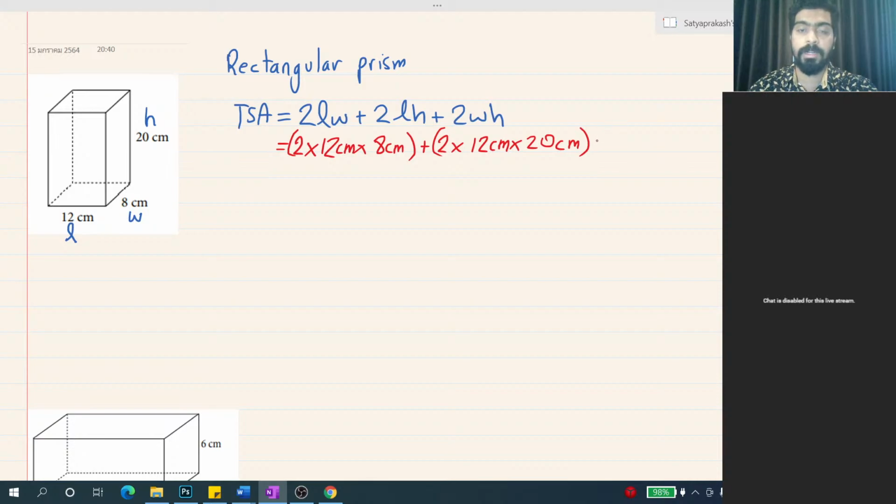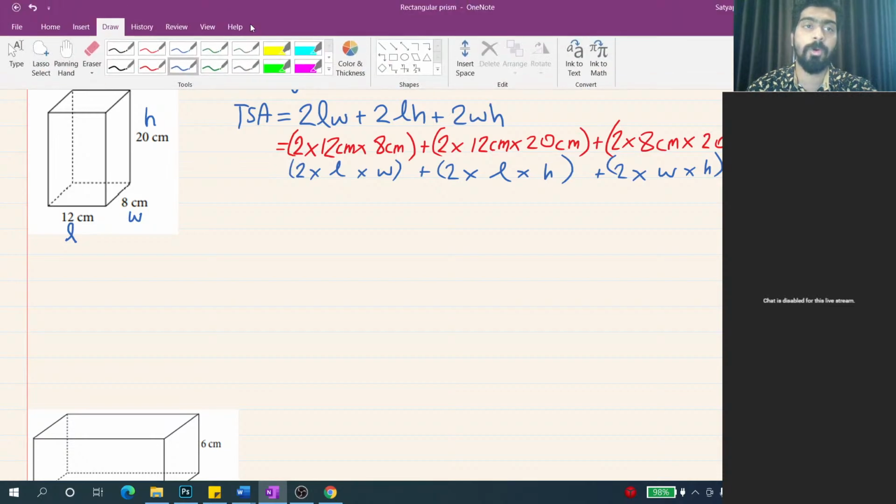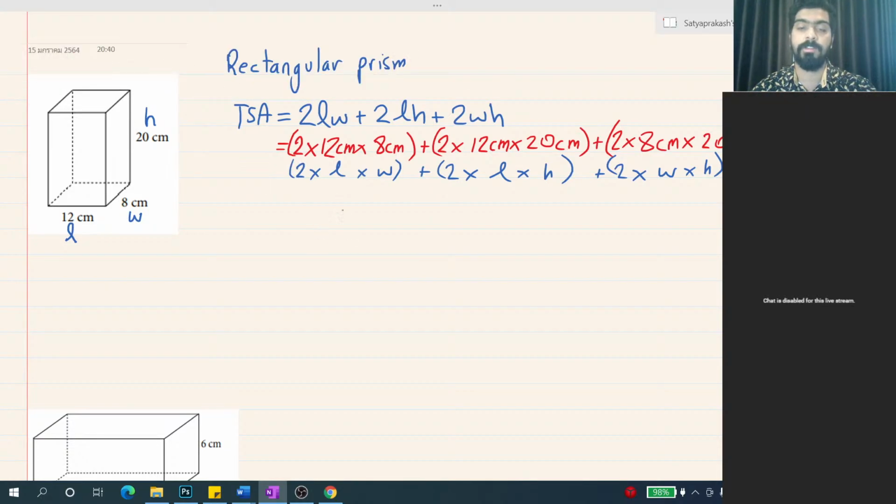The last one is 2WH: 2 times W, which is 8 centimeter, multiplied by the height, 20 centimeter. So we have 2 times L times W plus 2 times L times H plus 2 times W times H. I've broken it down so you can see it more clearly.